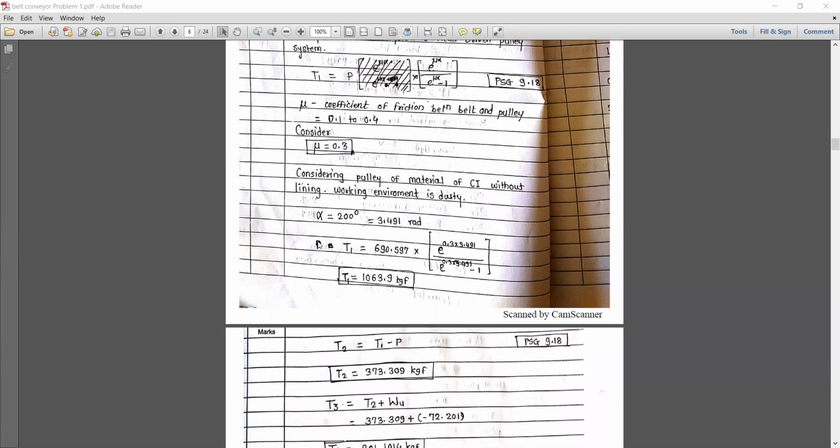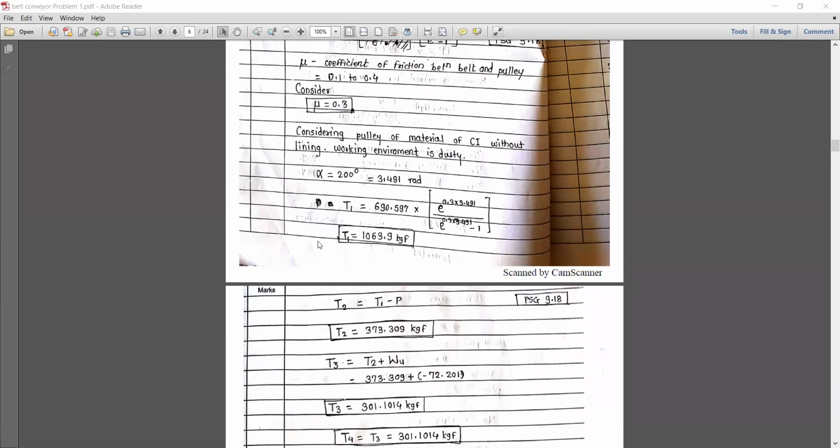The angle of lap is considered alpha 200 degree, which is equal to 3.491 radian. So putting all the values, we get T1 is equal to 1063.9 kgf. If you want, you can check in the data book also, page number 9.18.